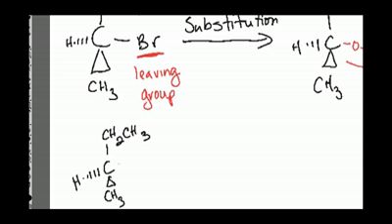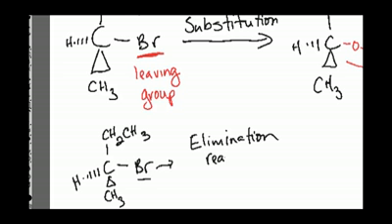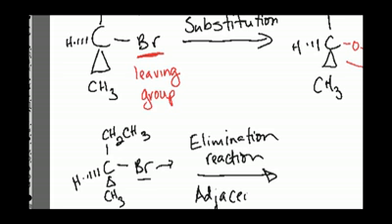So the leaving group, again, I'm going to make Br. And when this thing leaves in an elimination reaction, you take away an adjacent hydrogen, so we have a few choices here.